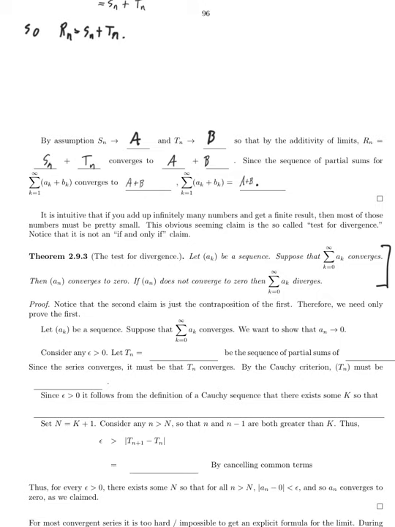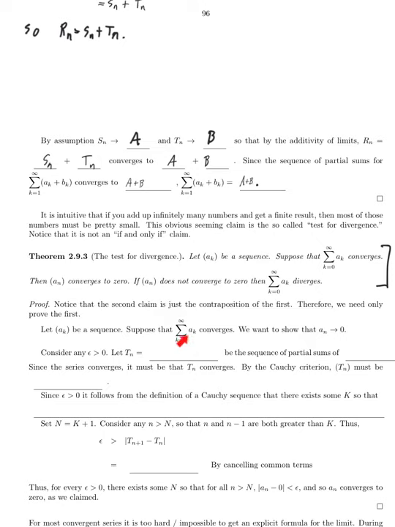So, there's the thing I want to show. If that's what I want to show, I should start by considering any epsilon bigger than 0. And my assumption is that this series converges.